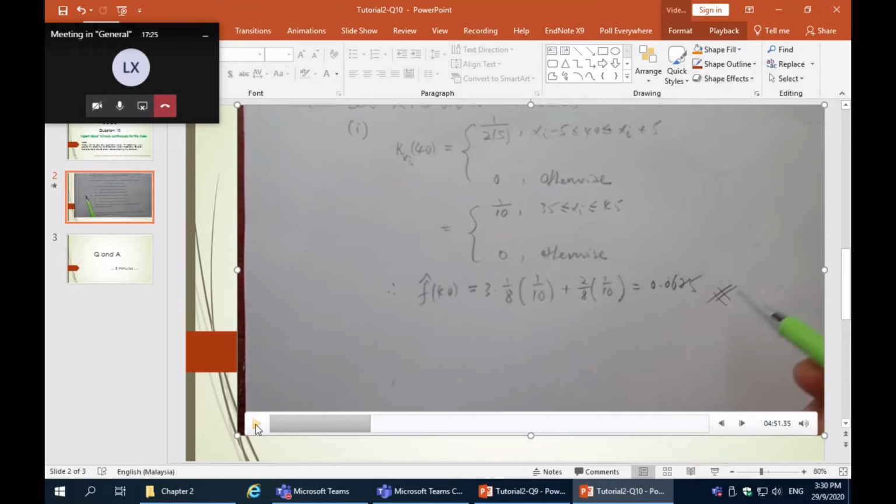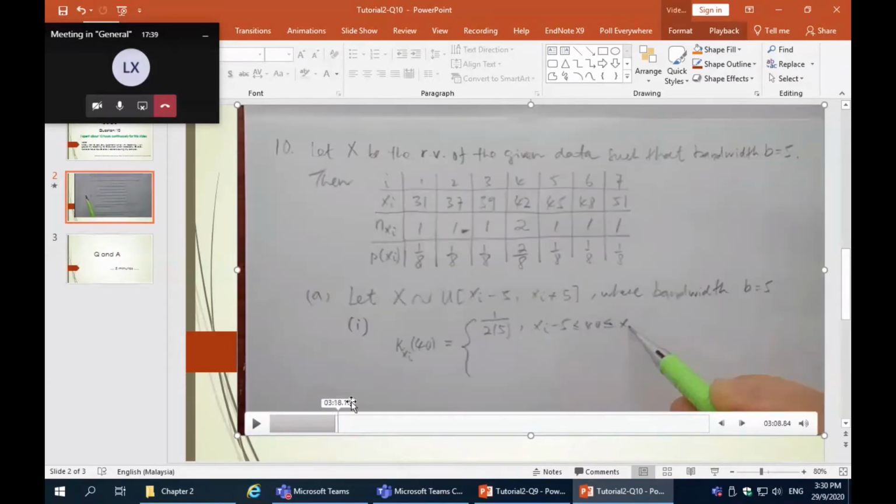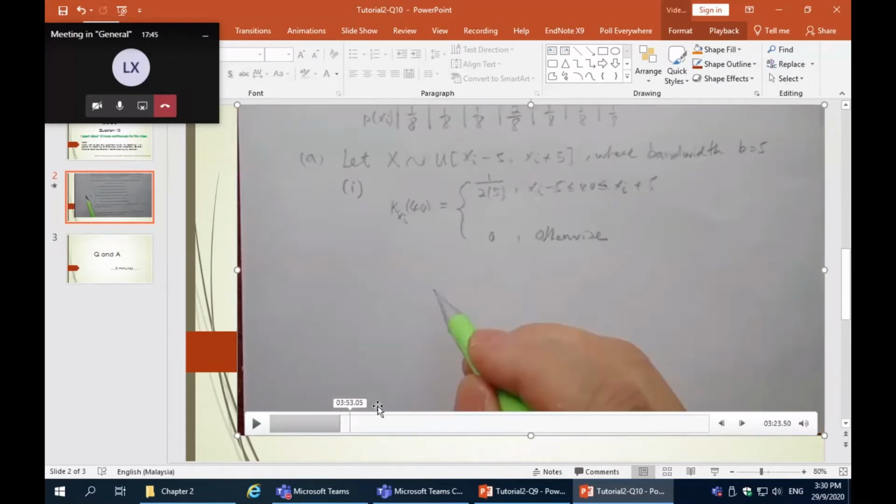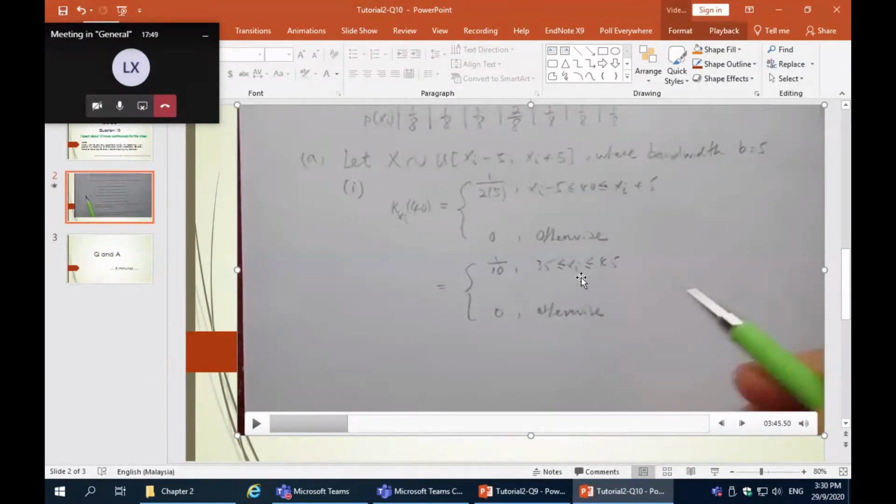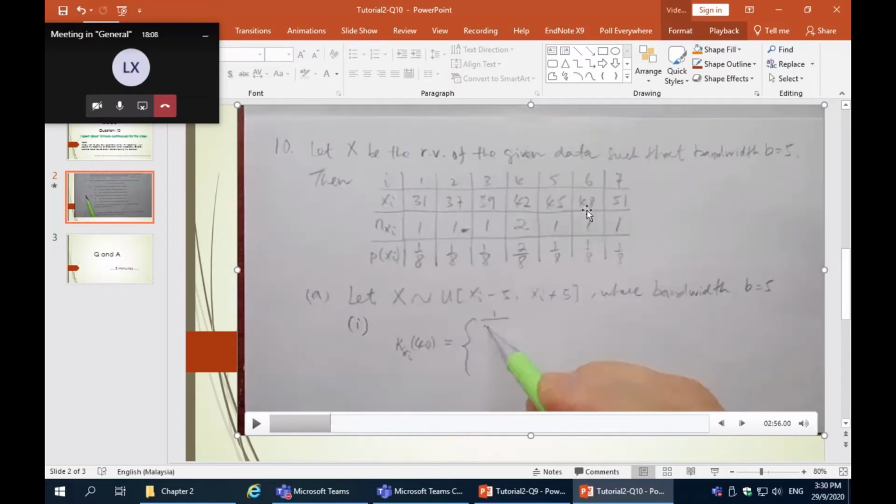Okay, so before we go to part 2, I hope you get it. You have to remember to rearrange this in terms of xi, so that in the piecewise function you can see very clearly that you only consider the observations bounded from 35 to 45 only. Otherwise, this kernel density value will be 0. So that means you only consider 37 up to 45 only.